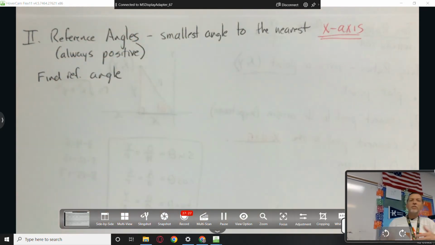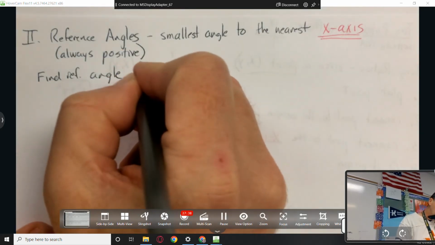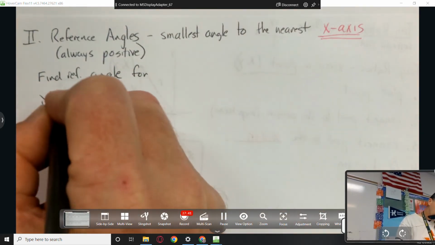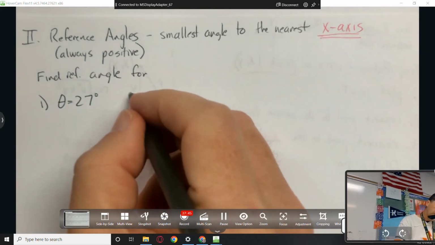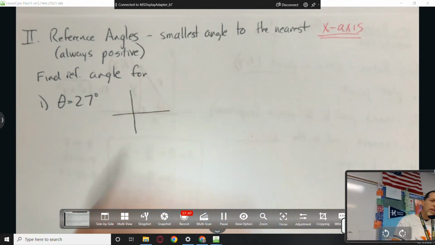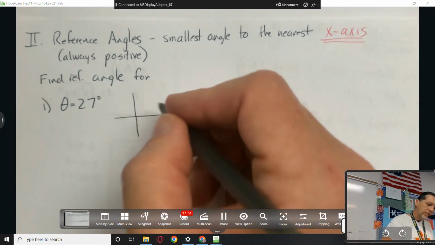And reference angles matter later, so it feels like, what is the point of a reference angle? Well, hold on. It's one of the building blocks that we'll use later. So let's find the reference angle for theta equals 27 degrees. Let's see, 27 degrees would be in the first quadrant.